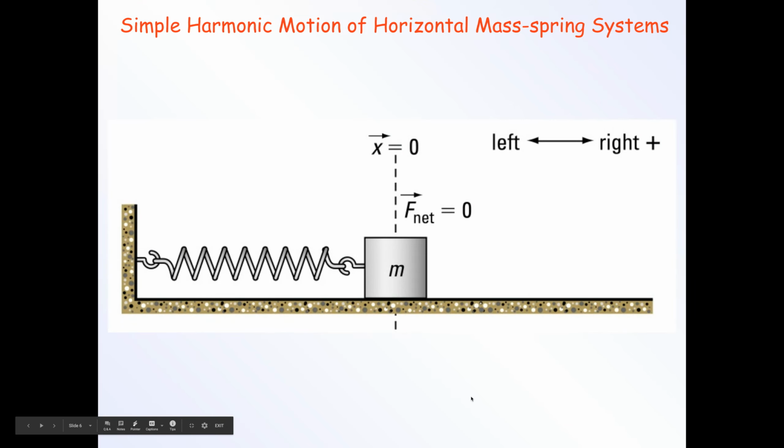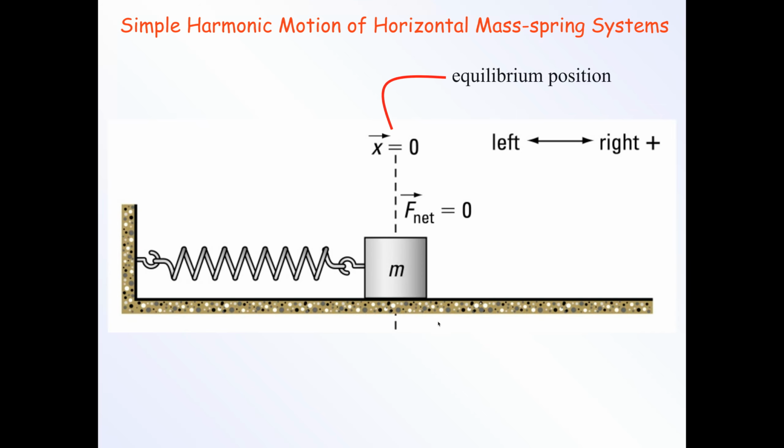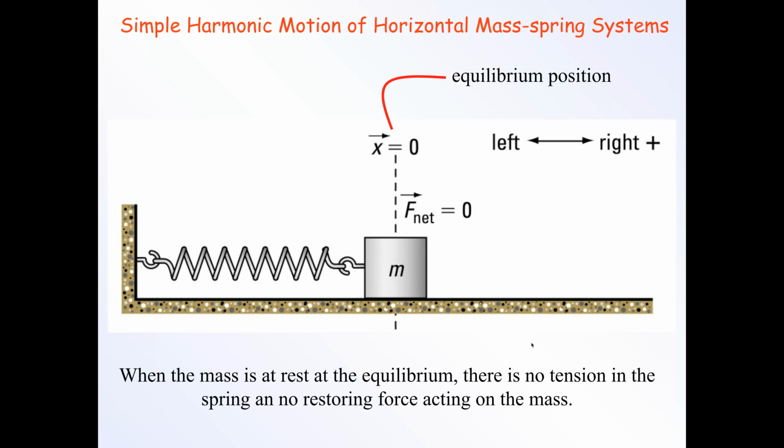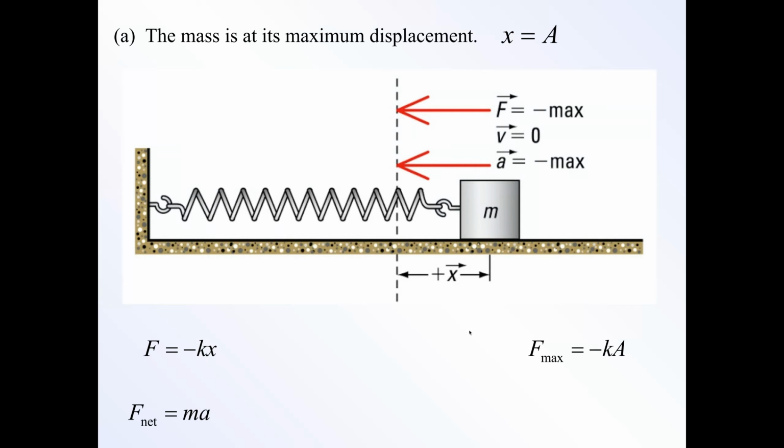For simple harmonic motion, we have a horizontal mass. This would be at our equilibrium position. When the mass is at rest at equilibrium, there's no tension in the spring, so there would be zero restoring force acting on the spring. At its maximum displacement, its restoring force is maximized.